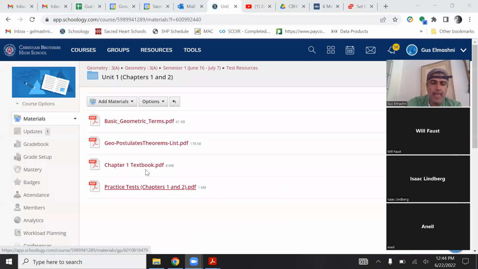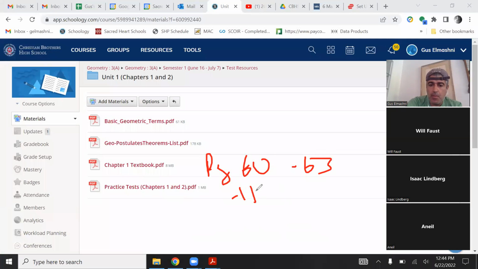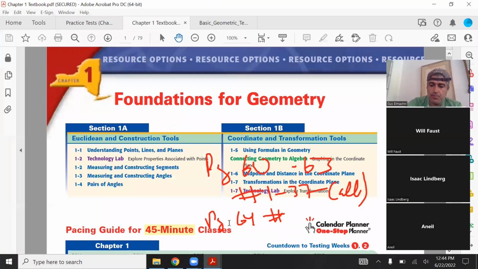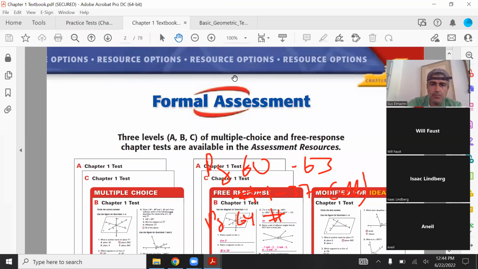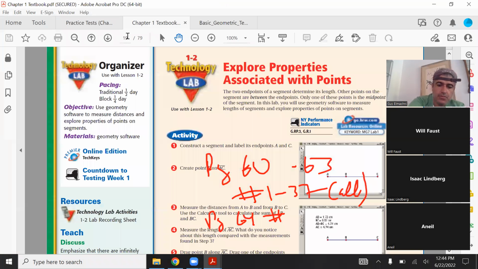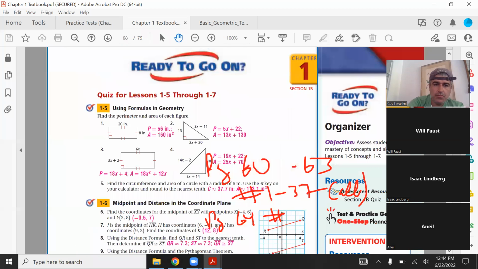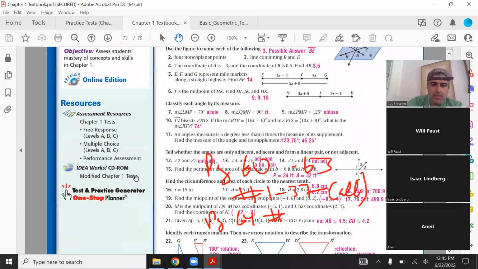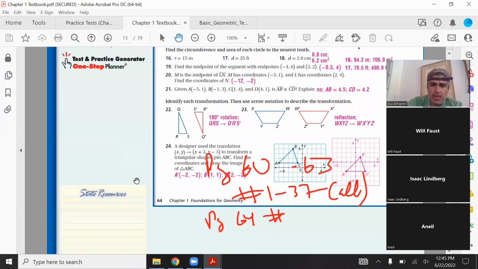The answers are there. For the chapter 1 textbook, I would suggest that you do pages 60 through 63, numbers 1 through 37, all. And also page 64, numbers 1 through 21, all.